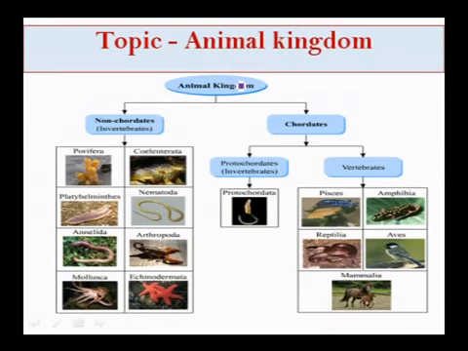Then these are multicellular organisms, that is, they are made up of many cells. So what is actually an animal, or what are the organisms that you find in Kingdom Animalia? You find heterotrophic eukaryotic organisms which are multicellular in nature, and the cells do not possess a cell wall.